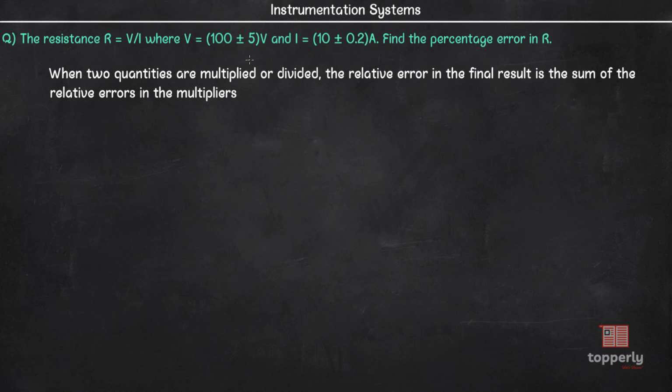So first let us express the errors in percentage. We have V is equal to 100 ± 5 volts, which is 100 ± 5/100 into 100, which is 100 ± 5% volts.